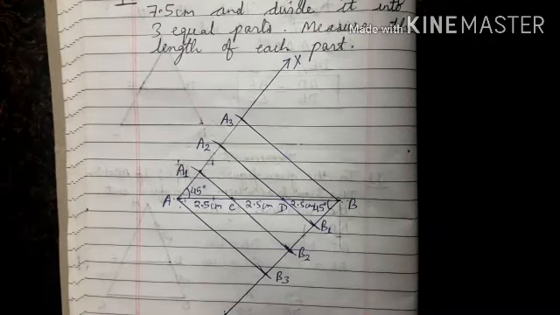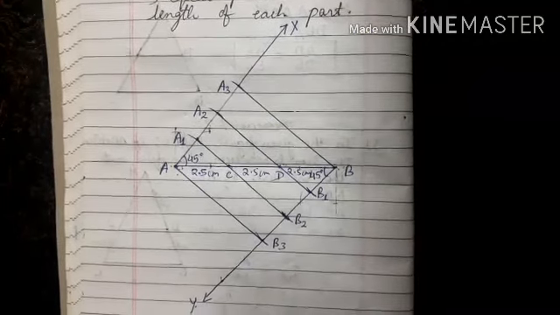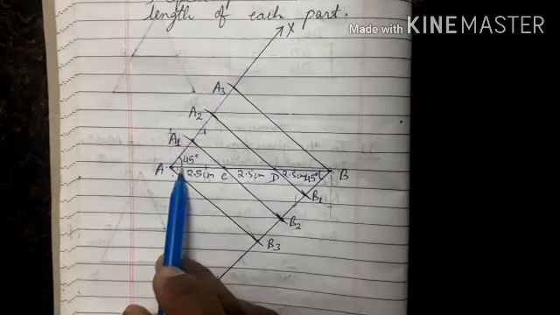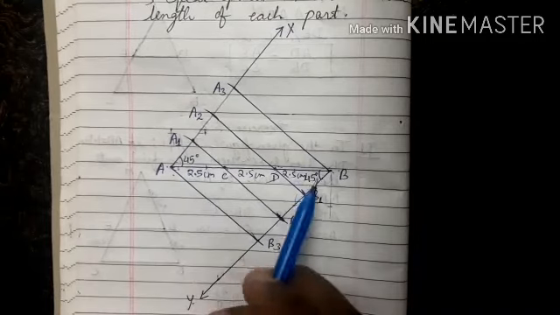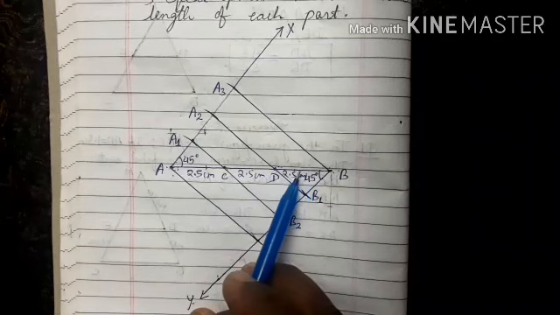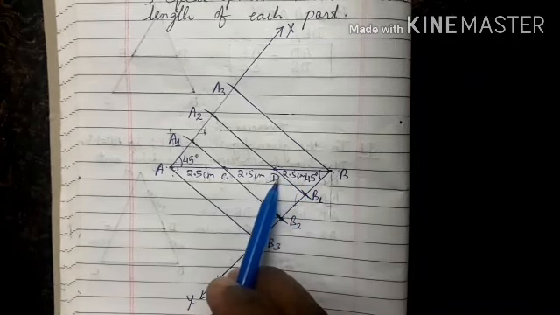Some important things you have to keep in mind when you construct this type of diagram. First, I have taken 45-degree angles here, but you can take any acute angle, which means more than 0 and less than 90.